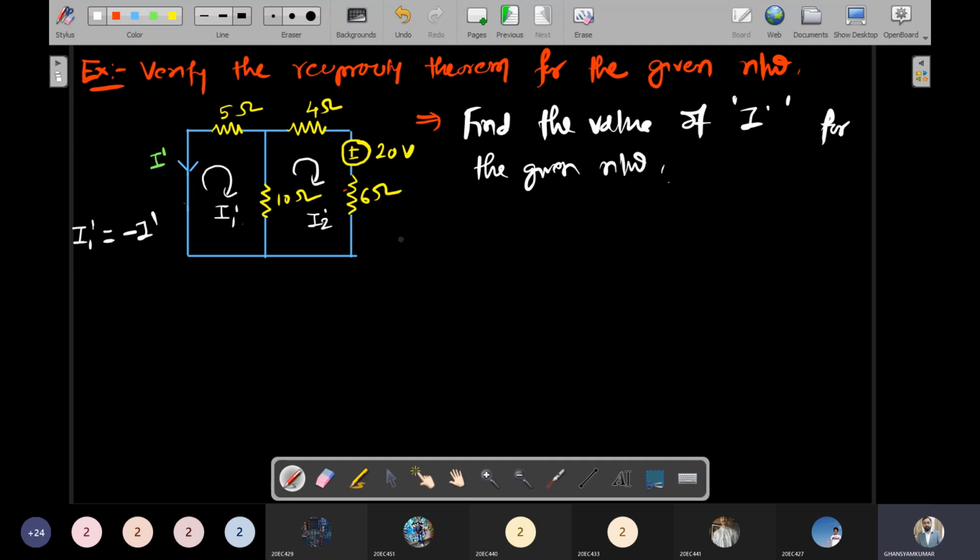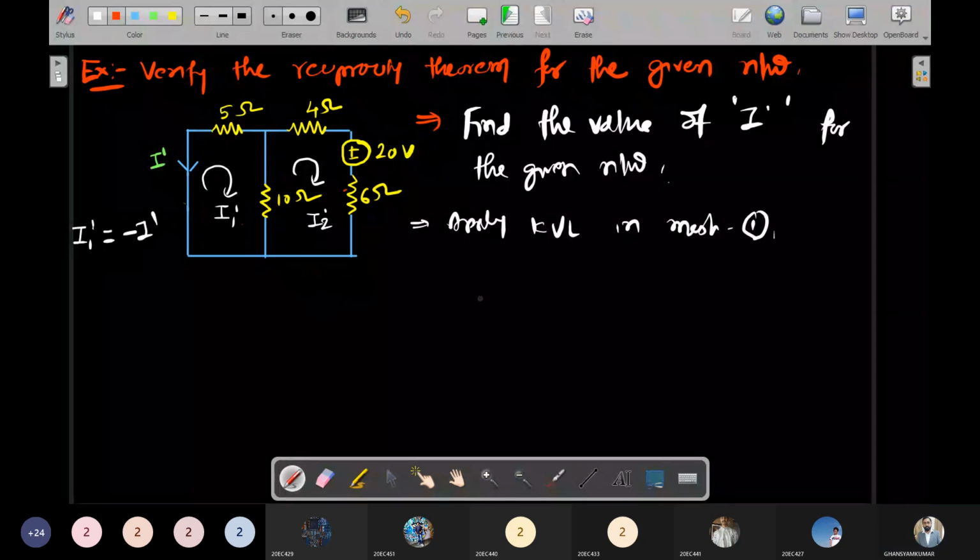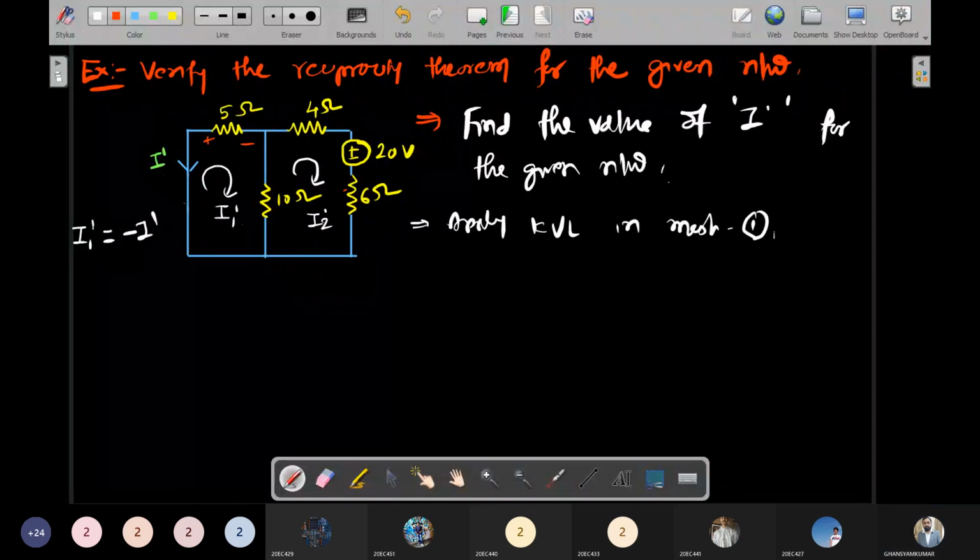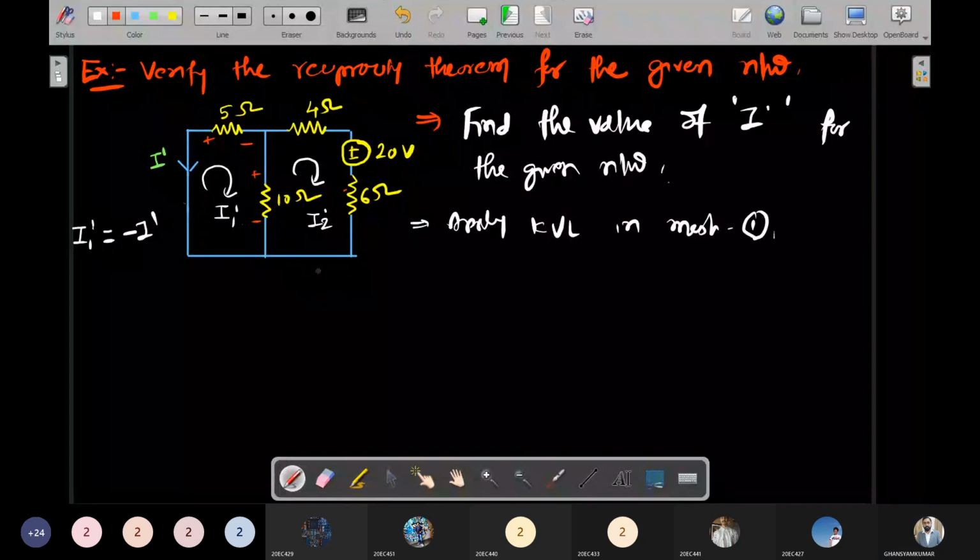Okay, so let us take this one and apply KVL in mesh 1. Just tell me the equation. Start from here. Tell me the equation of KVL.